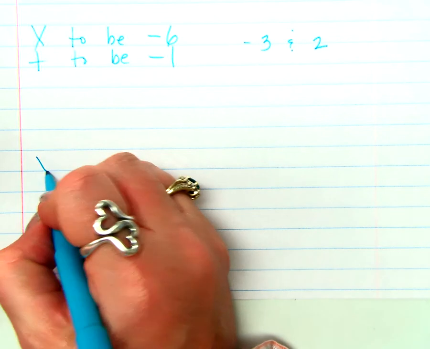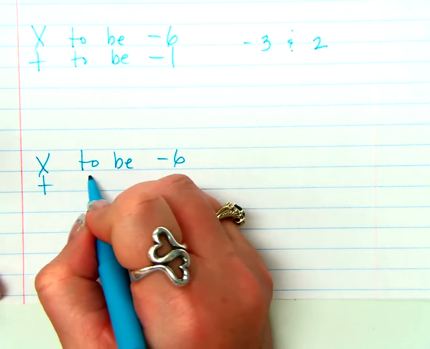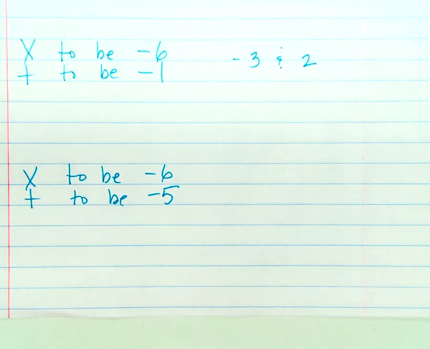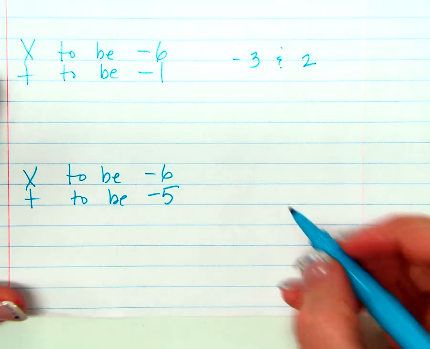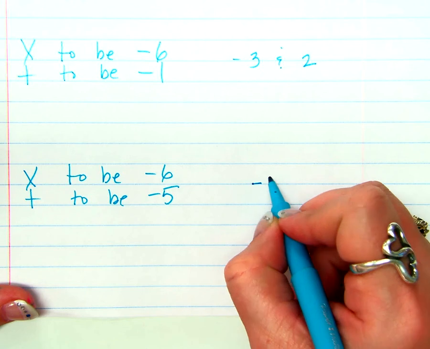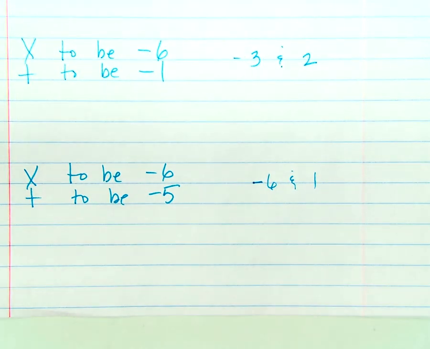What two numbers multiply to be negative 6 and add to be negative 5? Wait 5 seconds. What is it? Negative 6 and 1. Right? That's what I asked you to do on the flip video last night, didn't I?